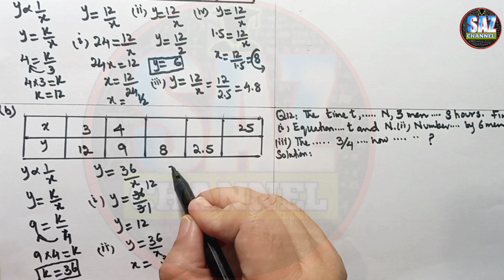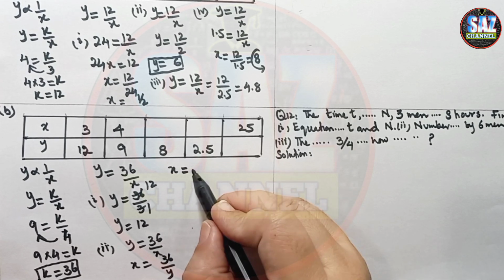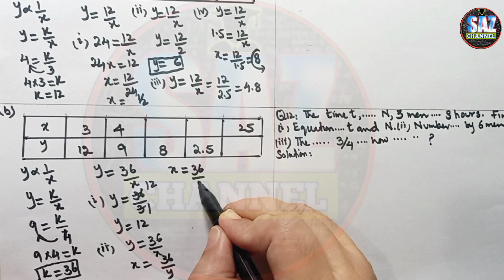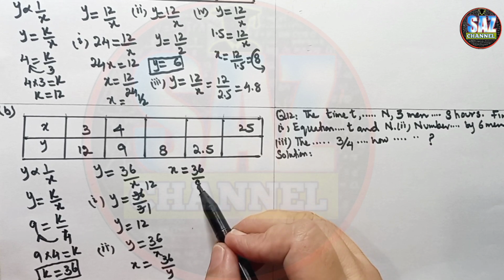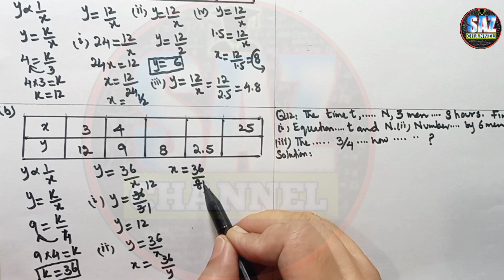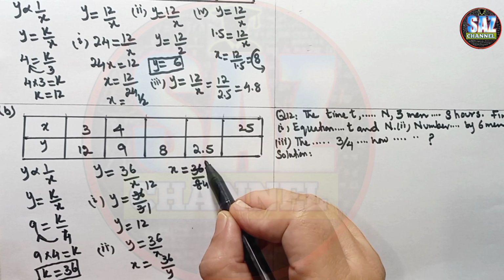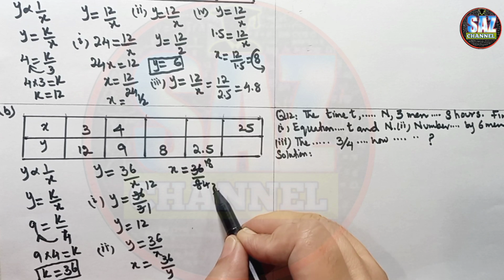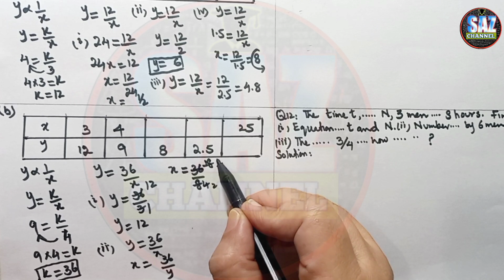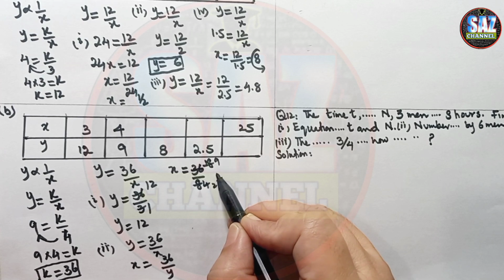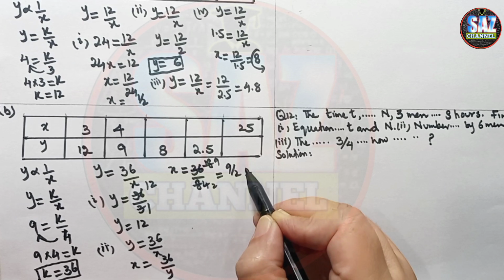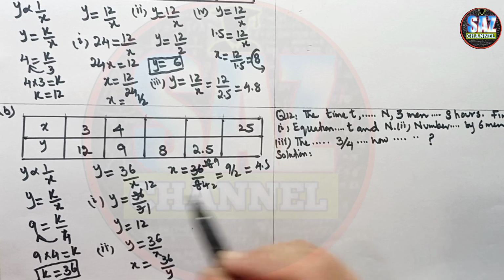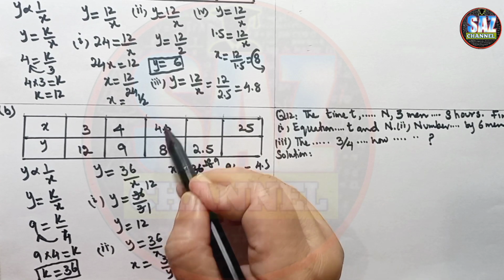So x will take the form 36 upon 8, which is 9 by 2 or 4.5. So replace the value over here, 4.5.